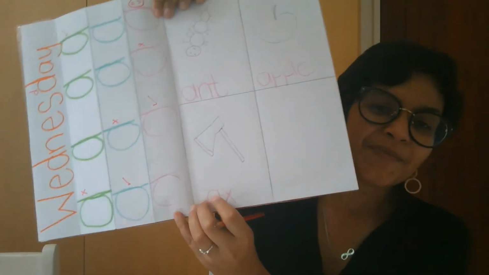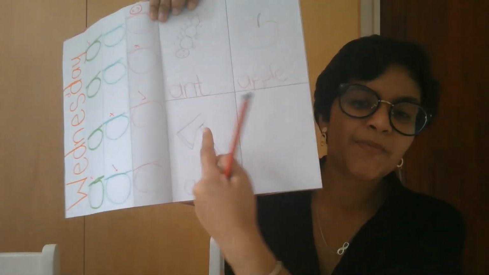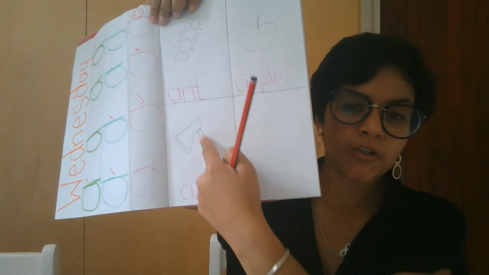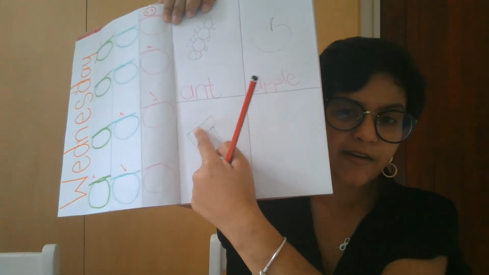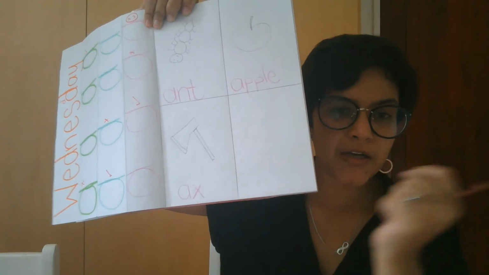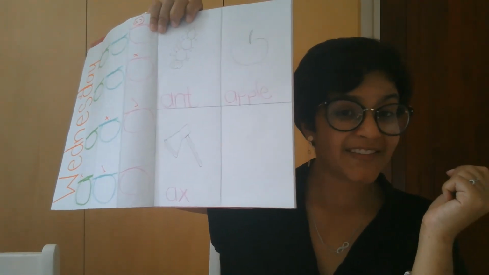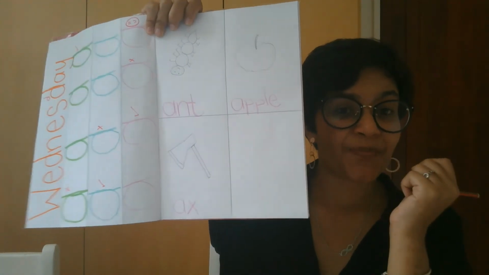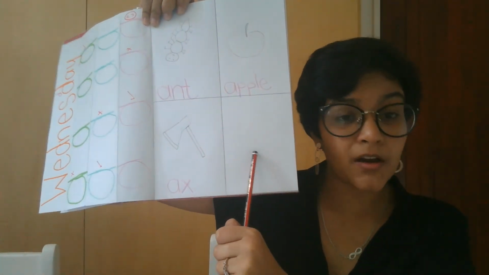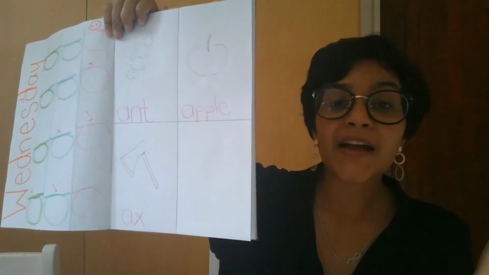My axe doesn't look so great. But there's my axe. So remember, this is the part that you're holding onto. It's the wooden part. And this is the sharp metal part that chops wood. Or chops a tree.